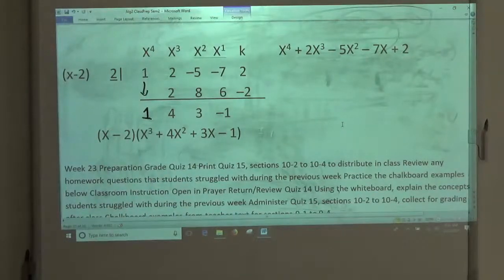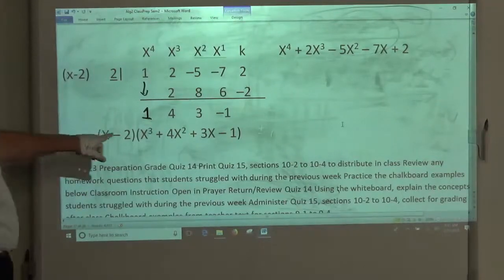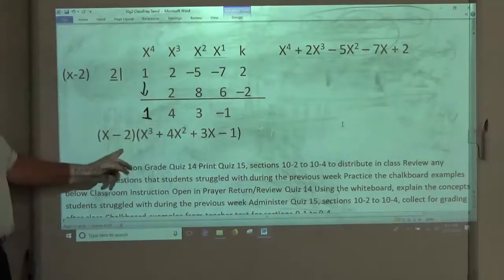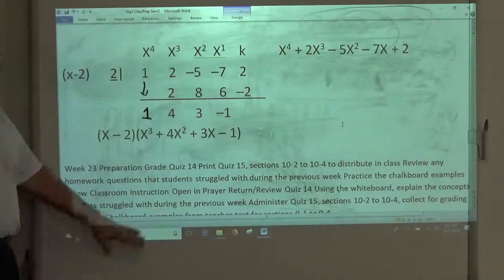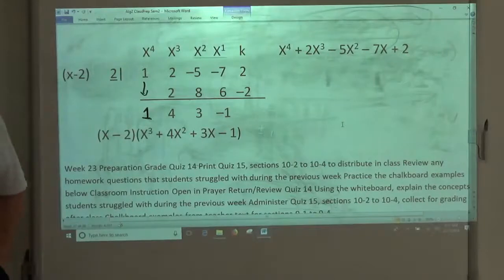It turns out, and I didn't go that far, that this is going to be prime. The only values of p over q will be plus or minus 1, and neither of them work, so that's a relatively prime number. So it makes a bad example if we wanted to continue.